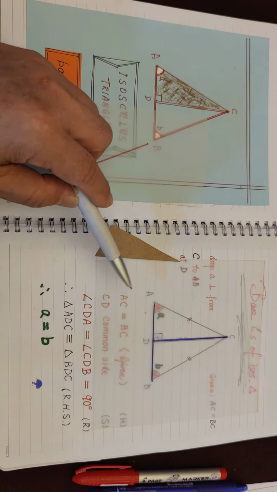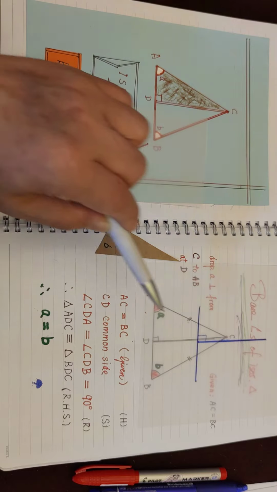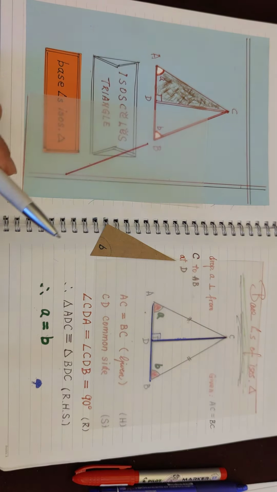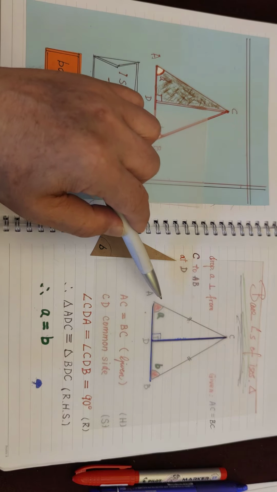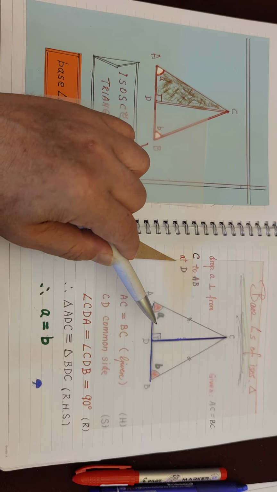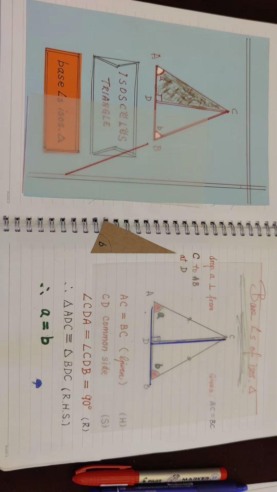Then we have AC equals BC and CD a common side, and angle ADC a right angle. Therefore, these two triangles are congruent.